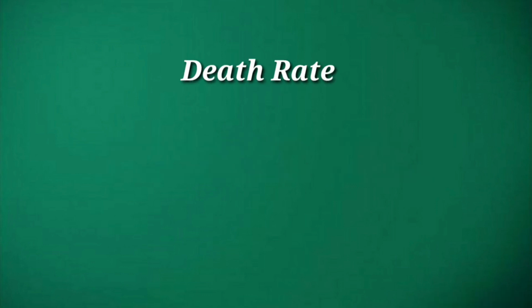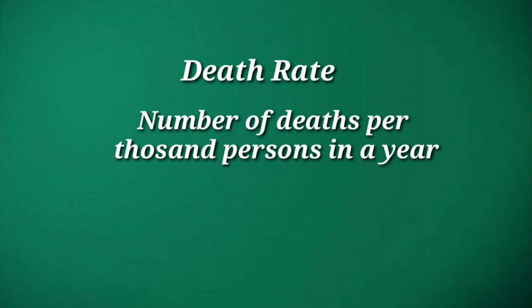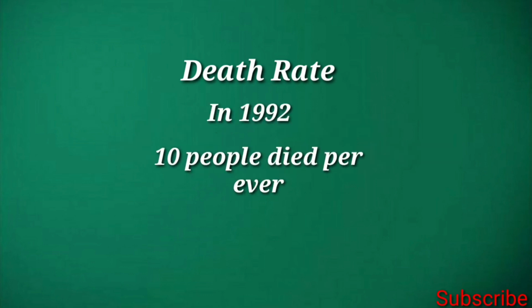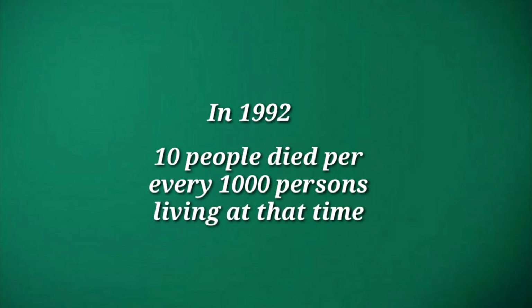Okay. What is death rate? Death rate is the number of deaths per 1,000 persons in a year. It means only 10 people died during the year for every 1,000 persons living at that time.